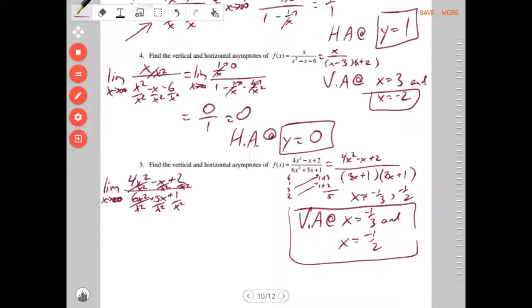You know what, guys? I can let you shortcut it from here, because you can tell that it's going to be 4 over 6. Now, of course, you can't leave it as 4 over 6. So is that a good compromise, making that shortcut? You still have to write the limit. Okay, anyways, that's 2/3. So the horizontal asymptote is at y equals 2/3.